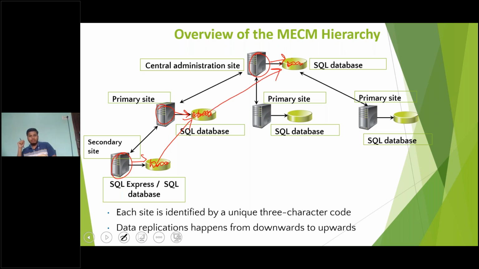So central is like the data collector from all the primary sites. The central administration site will have a database to store all the data from the primary, and primary is going to collect the data from all the secondary. So the data replication happens from downward to upward like this. All good, guys?